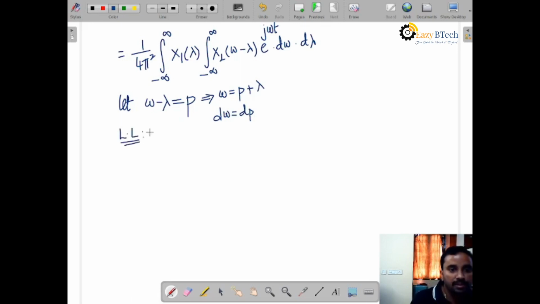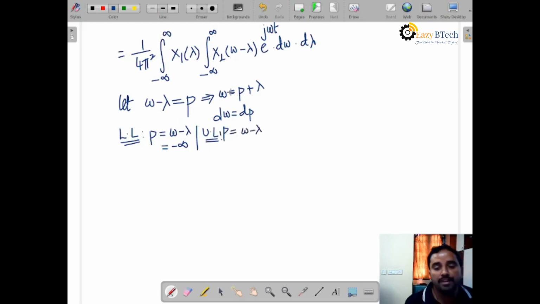So p is omega minus lambda. Omega's lower limit is minus infinity, so p's lower limit is also minus infinity. Upper limit of p: p is omega minus lambda, and the upper limit of omega is plus infinity, so the upper limit of p is also plus infinity.